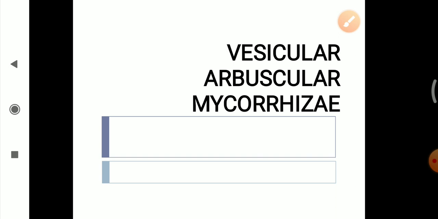The plant cell uses the fungi as a nutrient. Then the third type, ectendomycorrhiza, is a combination of both ectomycorrhiza and endomycorrhiza. And the fourth type that we are seeing is VA mycorrhiza, vesicular arbuscular mycorrhiza.